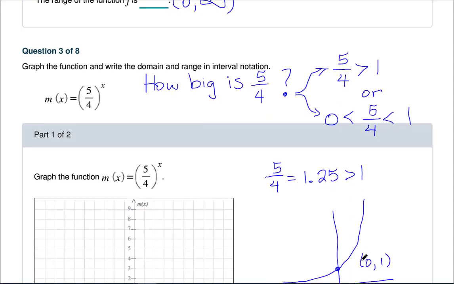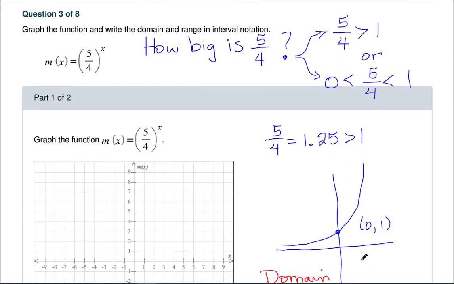Alright, what about question 3 here? We have m of x is 5/4 to the x. So the question is b. Well, b is 5/4. So if b is 5/4, question is how big is that?